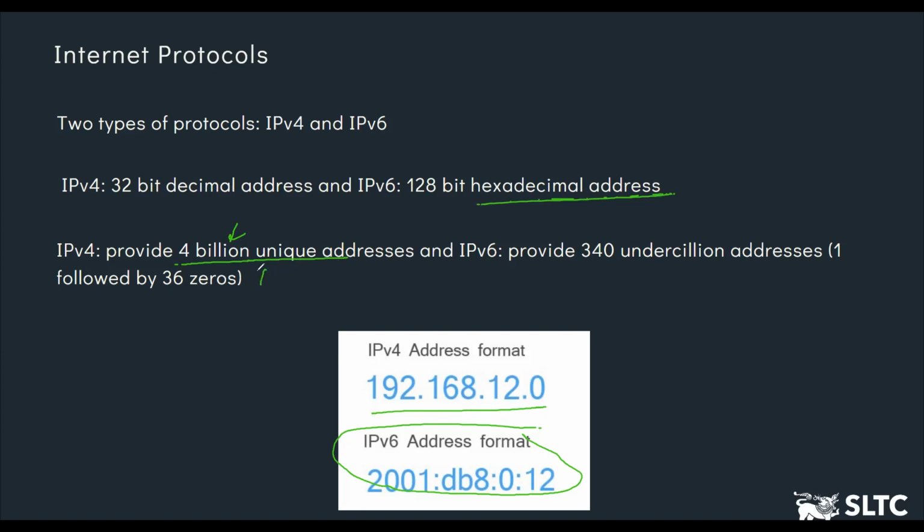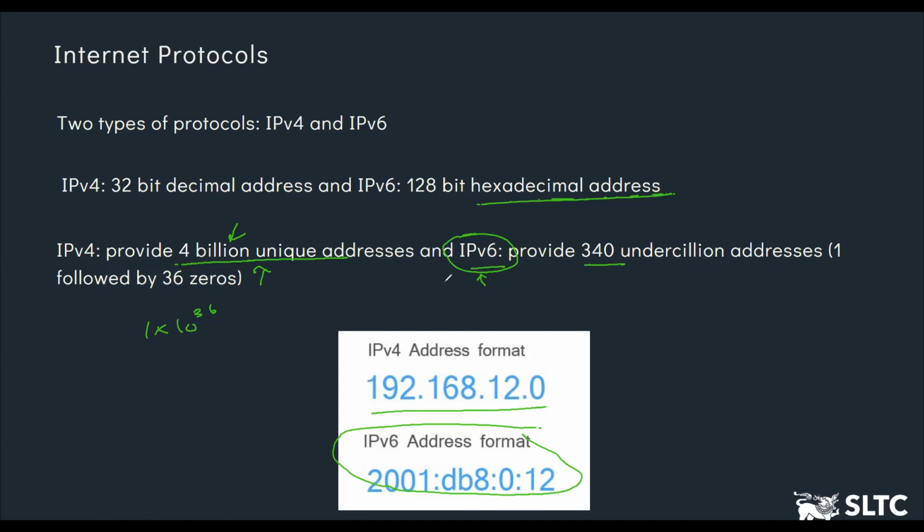Therefore, IPv6 was introduced, which can provide 340 undecillion addresses, that means about 10 to the power 36 devices can be named using the IPv6 address scheme. So IPv6 is used currently and can name any amount of devices.